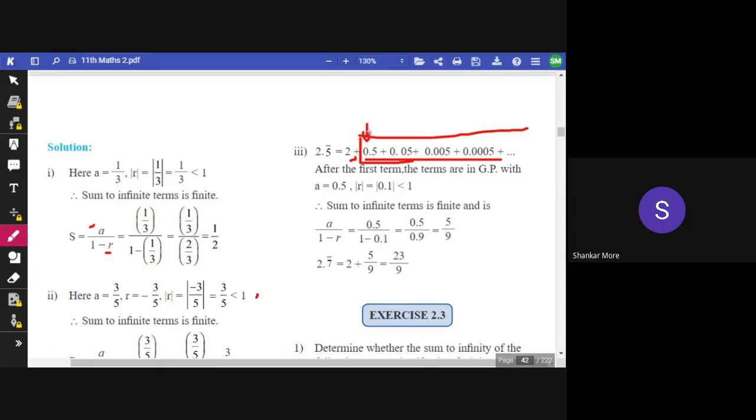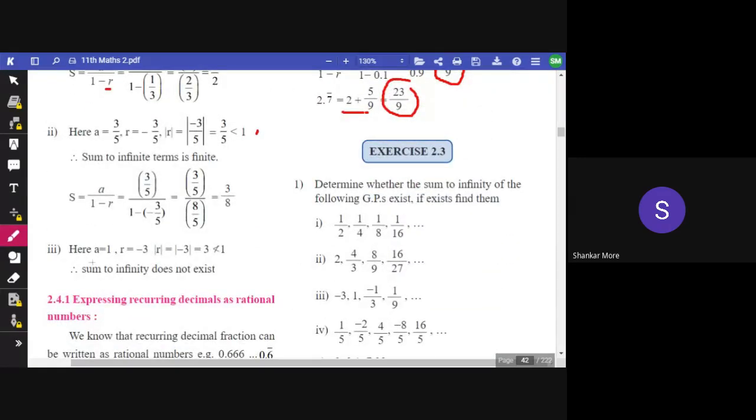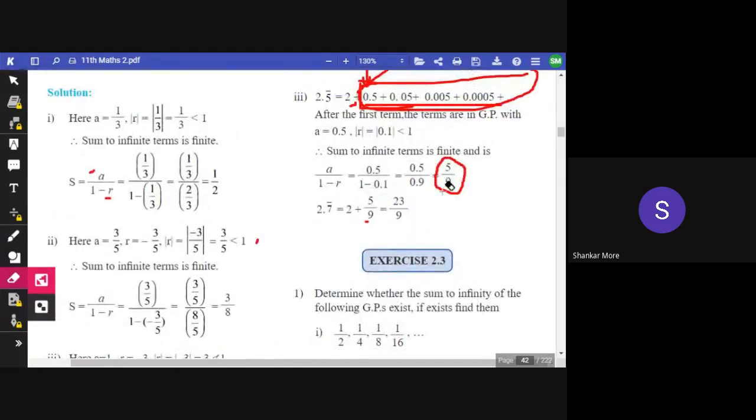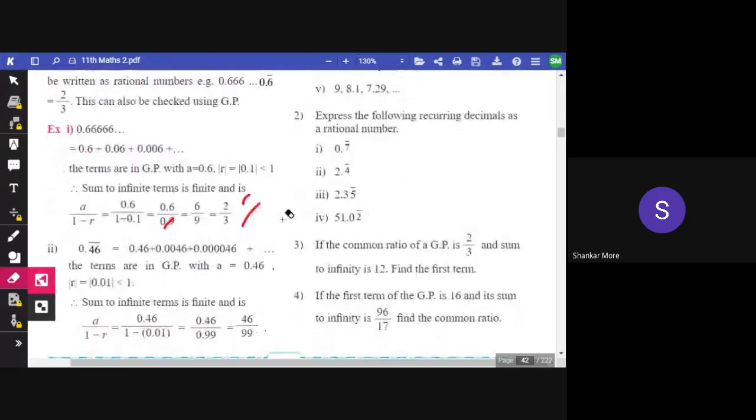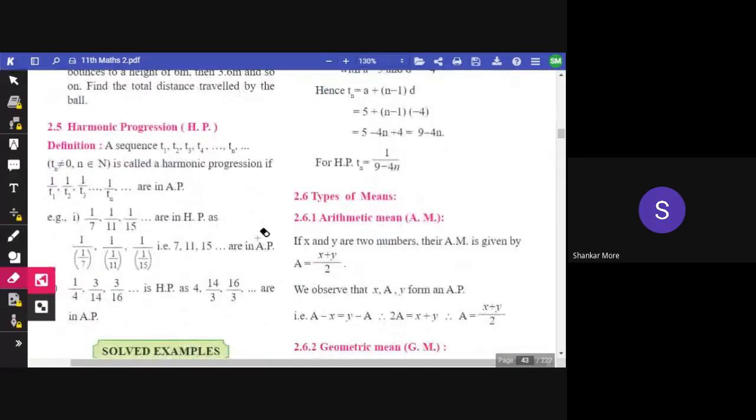So the first term here is 0.5 and r is equal to 0.1. Apply that formula, so we find the sum for this part only. After that we add this part to 2 and get the rational number, that is 23 by 9. So this is how we use the formula for the sum of infinite terms in a geometric progression.